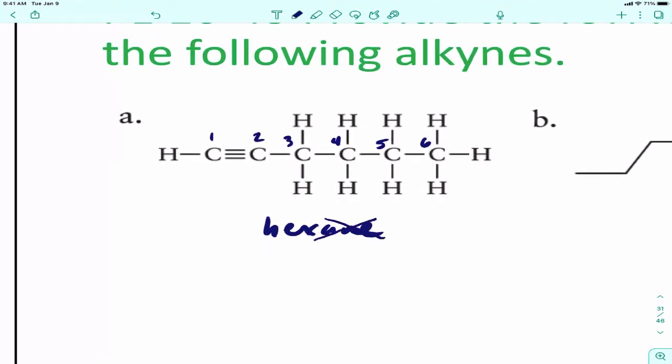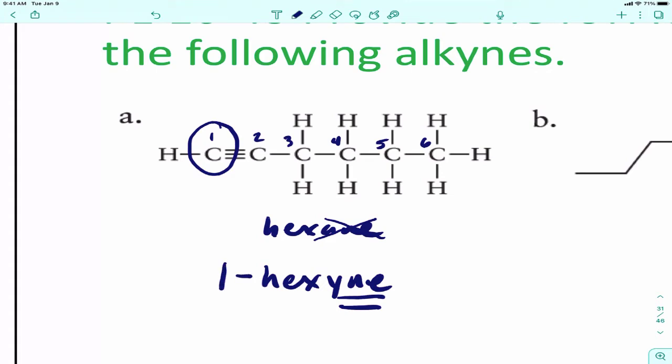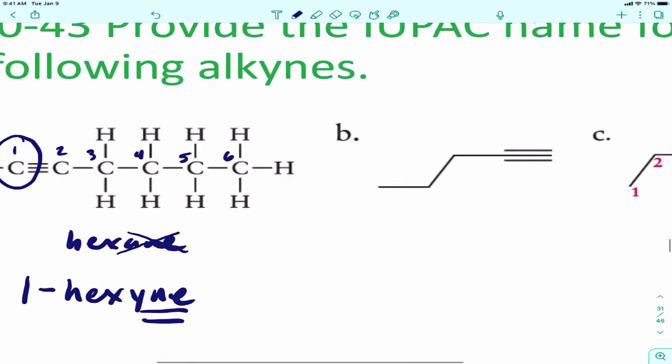We've got a triple bond, so this should be hexyne. The YNE ending tells us we have a triple bond. Now, we have to number this in such a way that the triple bond has the lowest number possible. The way that we already numbered it, the triple bond was on carbon 1, so that's perfect. We just have to give the locator of that triple bond, so this would be 1-hexyne. Okay, cool. Let's try the next one.